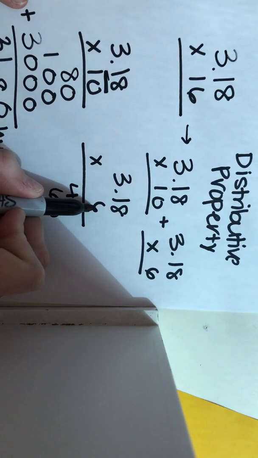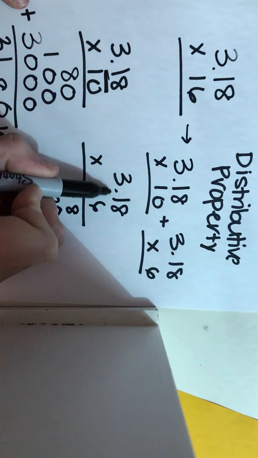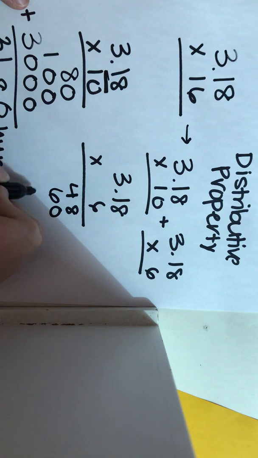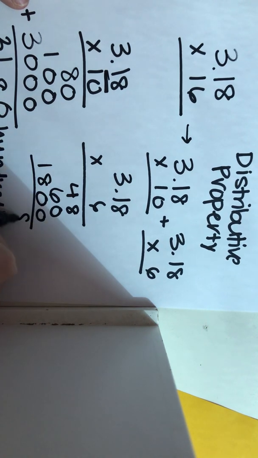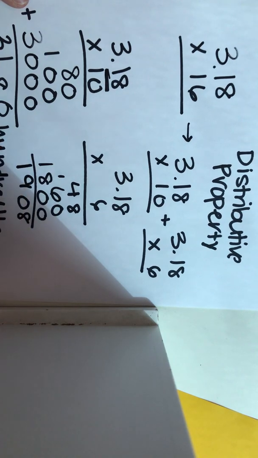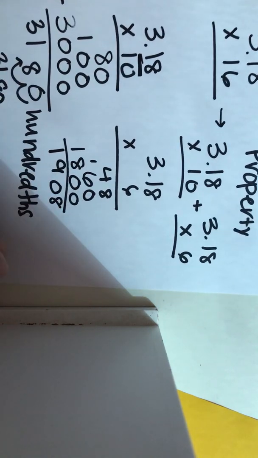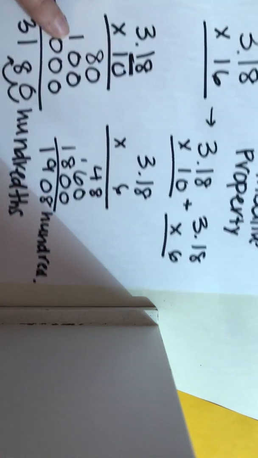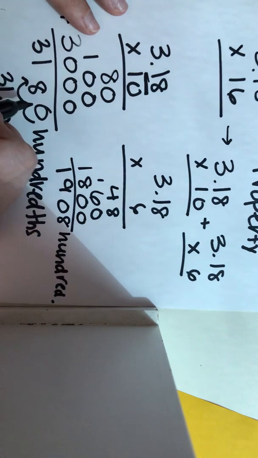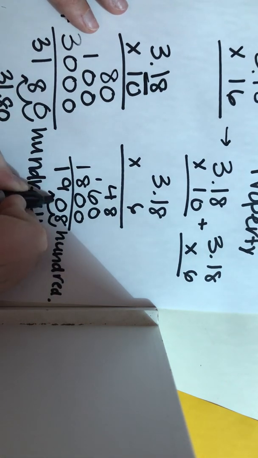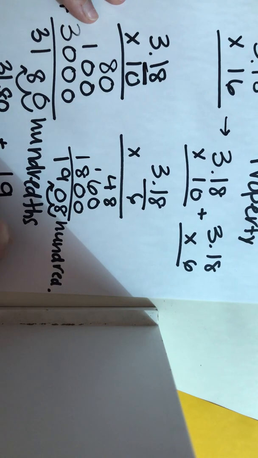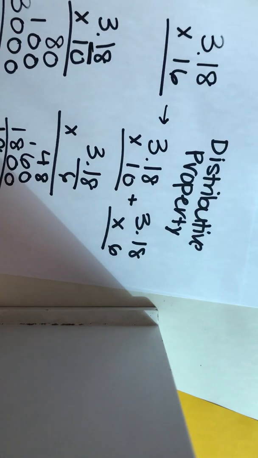And then we take the 6 and we multiply it by 300 hundredths, and we know that that would give us 1,800. We add that up, and we get 1,908 hundredths. Abbreviate that right there. And just like we did over here, we're going to move that decimal point 2 places because of the 2 digits. And we get 19 and 8 hundredths.